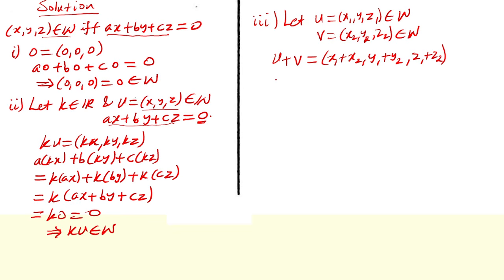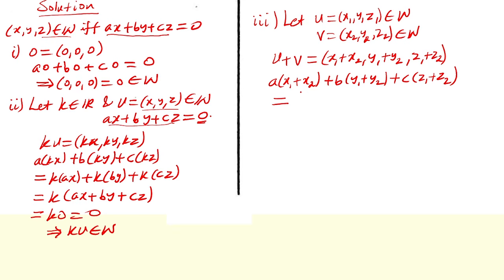To say it belongs to W, a times x1 plus x2 plus b times y1 plus y2 plus c times z1 plus z2. What's this value? If it is 0, then we will conclude.